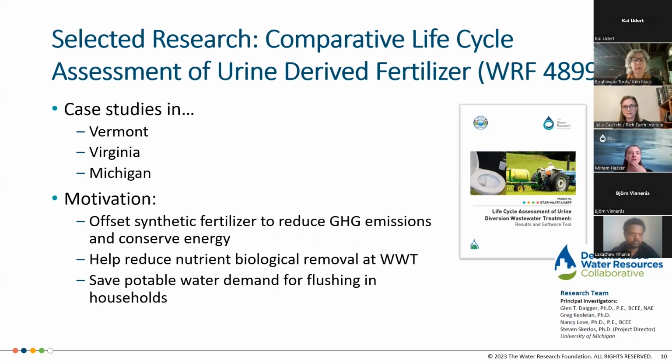And what they found was that the urine diversion actually was most positioned to decrease environmental impacts. It also helped with the treatment systems at the wastewater treatment plants. And it was able to offset the need for synthetic fertilizer, which I think was a really major finding from that study.